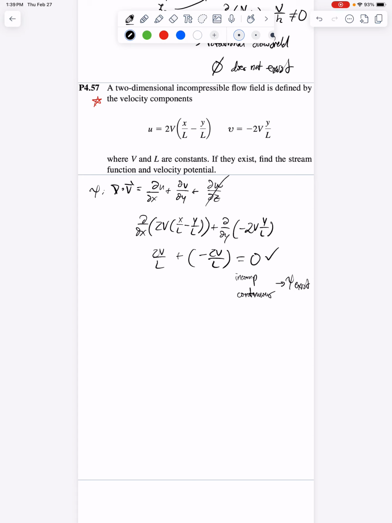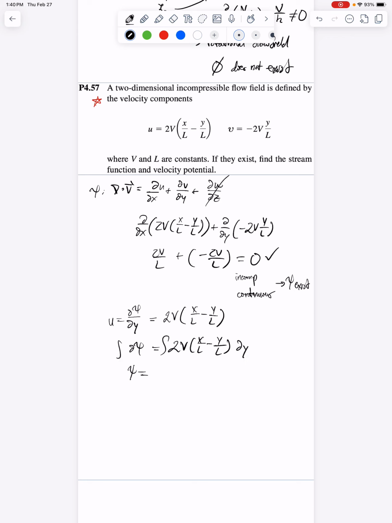I'm going to solve for psi. I think this is similar to the second problem we did this week. U is equal to d psi d y. U is 2v times x over L minus y over L. Separation of variables. Integrate both sides.